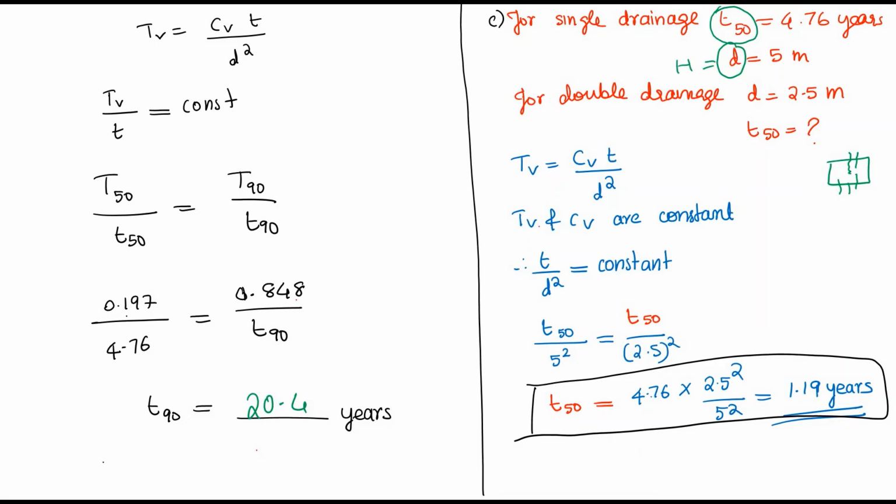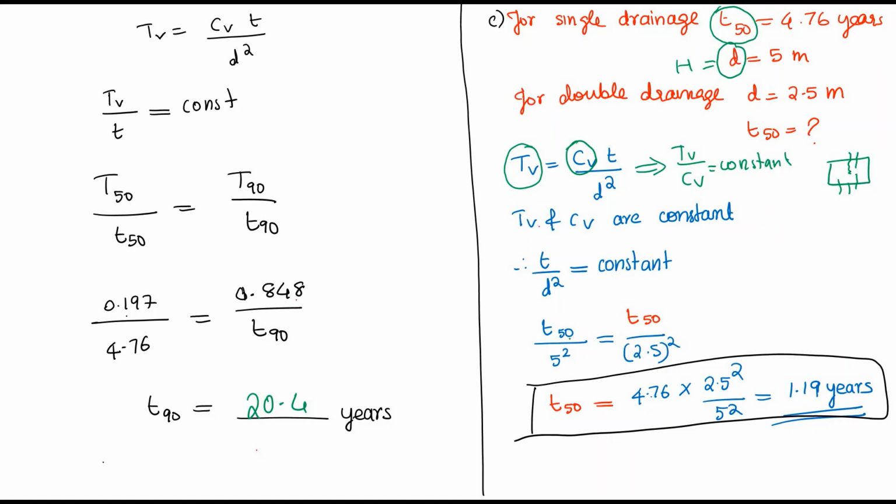For the same clay layer, CV is the same, since we have to find 50% consolidation itself. So TV value is 0.196, or 0.197, also the same. So TV is the same, CV is the same. What is the constant here? TV by CV is a constant, so we can also write that small t by d square is a constant.